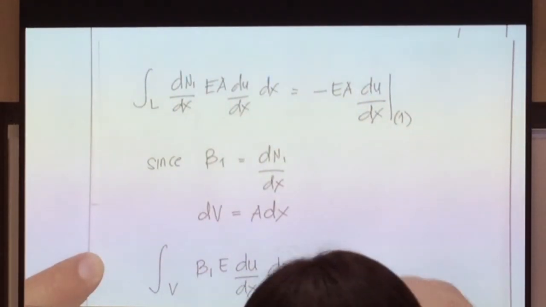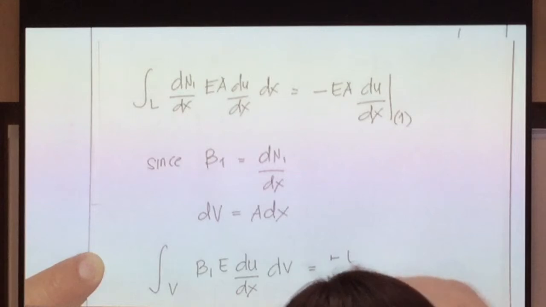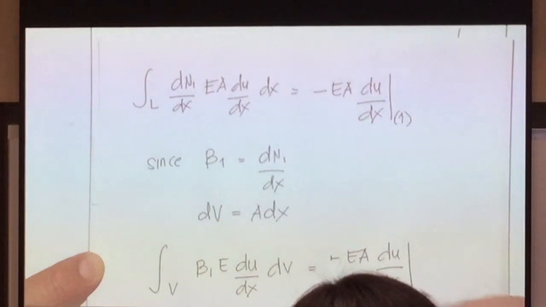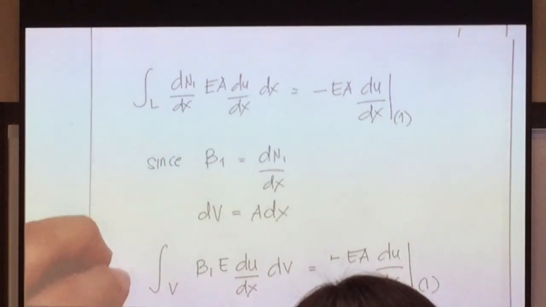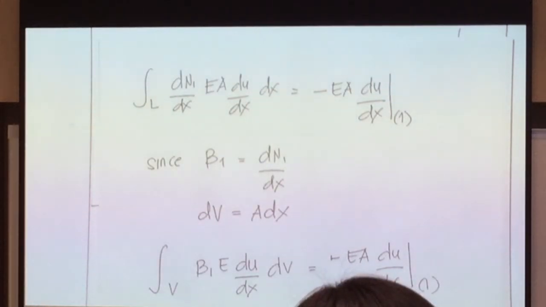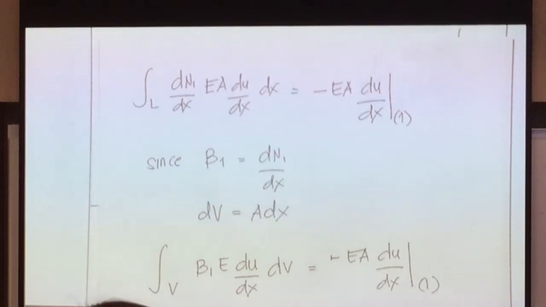And this is now equal to minus EA du/dx at 1. So we got one.